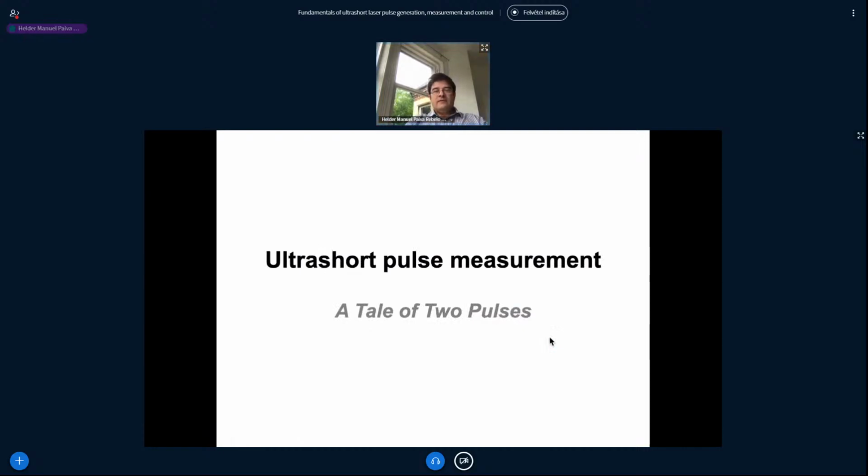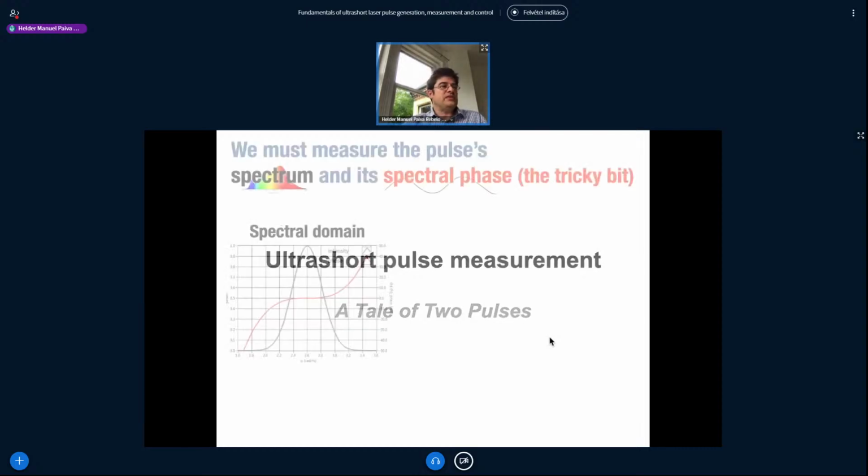Now, the last part of my talk today has to do with pulse measurement. I mean, how can we know that we are doing such a short event if we cannot measure it using standard techniques? Well, you have to use, of course, other techniques than a photodiode and an oscilloscope in order to measure these pulses.